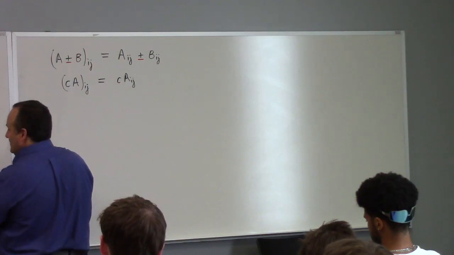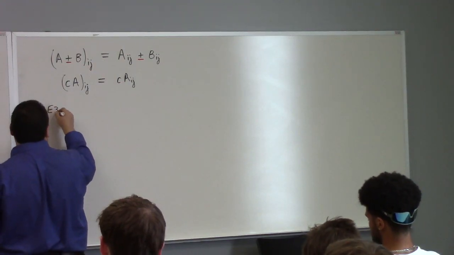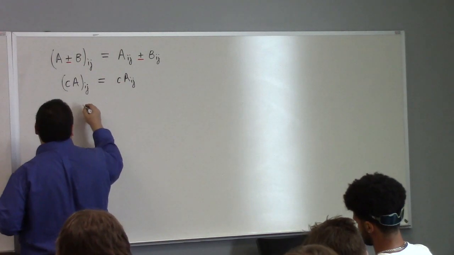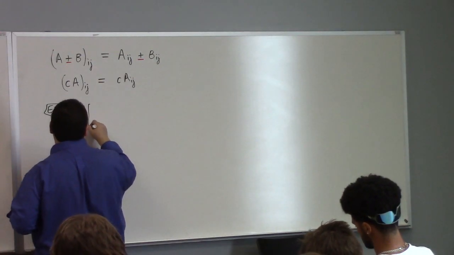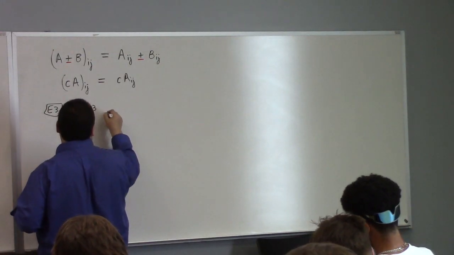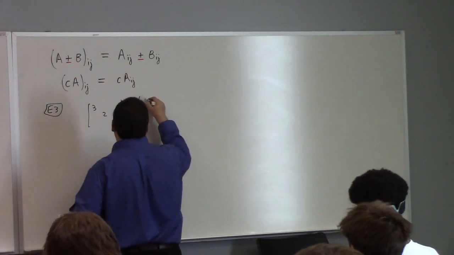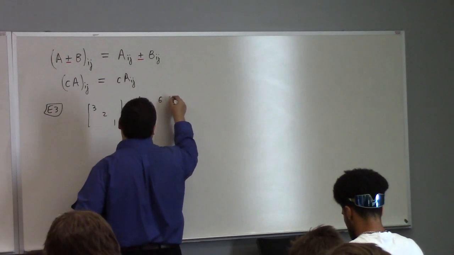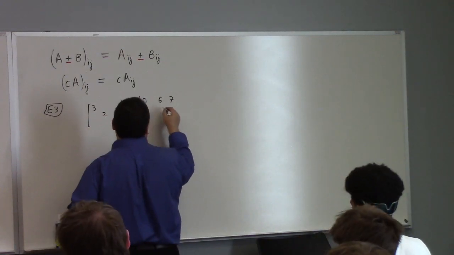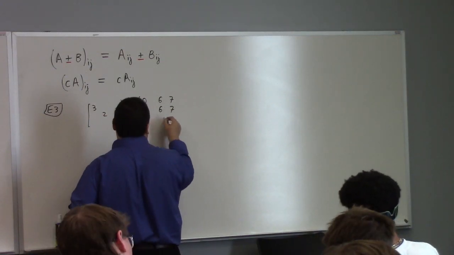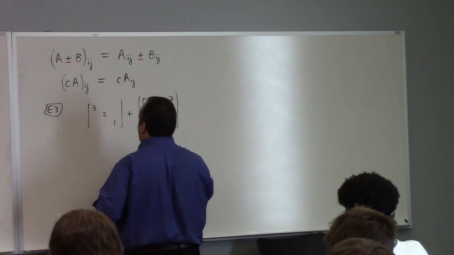Great. I'm embarrassed to even do this example in here, but here you go. Example 3. Let's see here. The matrix 3, 2, 1 plus the matrix 0, 6, 7, 0, 6, 7, 0, 6, 7.